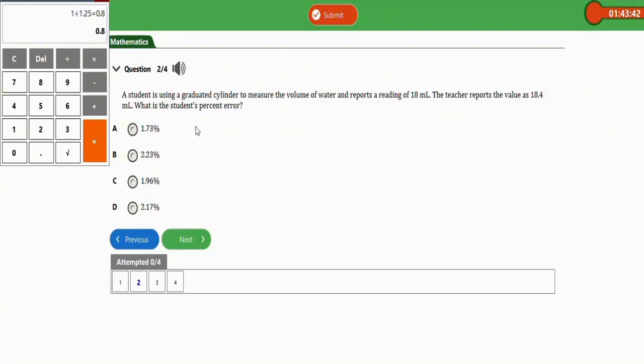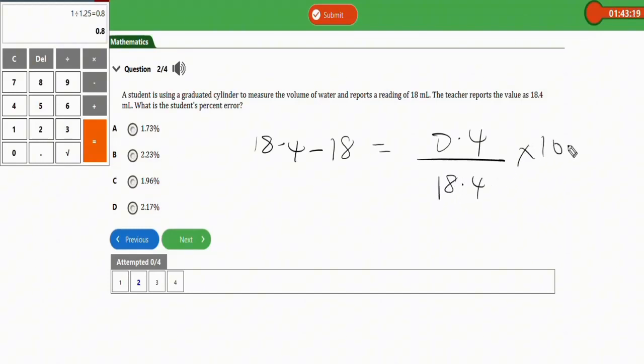What is the student's percent error? So guys, as we all know, percentage error is error over actual times 100 over 1. So to get the error in this question, it will be 18.4 minus 18 ml. So the error will be 0.4 over the actual, which is 18.4 ml, times 100 over 1.